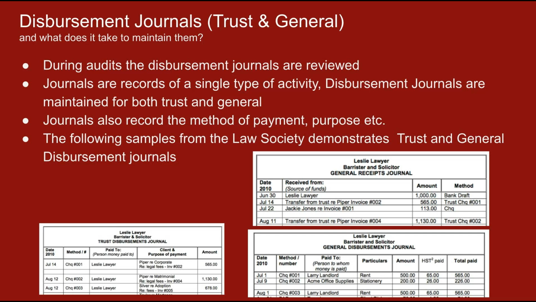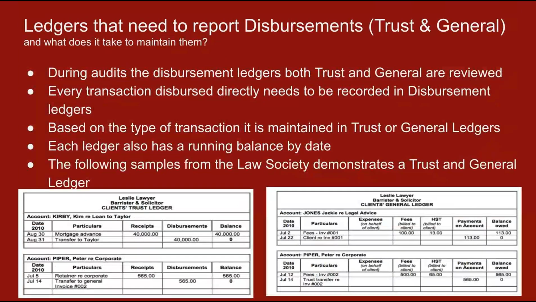When compared to a journal, which is more of a drill down into the purpose of a single type of activity, which is either receipts for the payment coming in, like I already mentioned, or disbursements for the payment going out. Okay, so it's going to record a specific type of ledger and journal. That's what we're going to see.